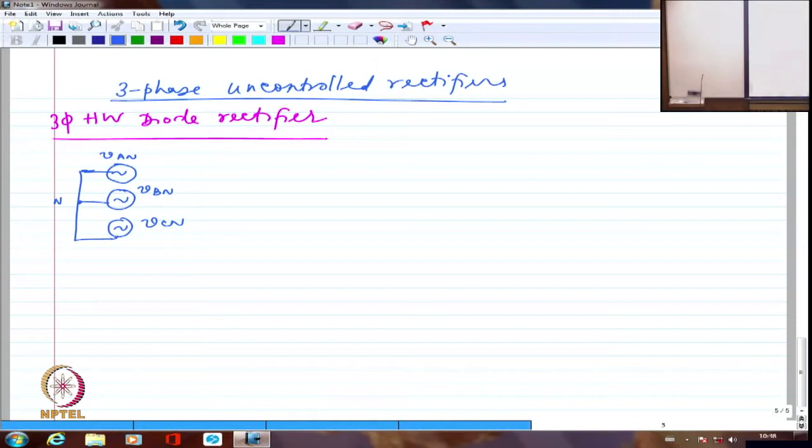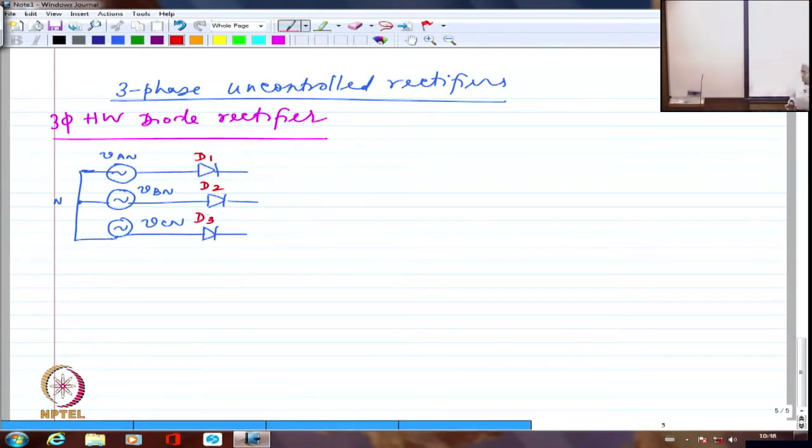Obviously, all of them are having the same magnitude, right? Peak magnitude is the same. So I am going to have one diode here, second diode here, and third diode here. Let me call this as D1, this as D2, this as D3, right?